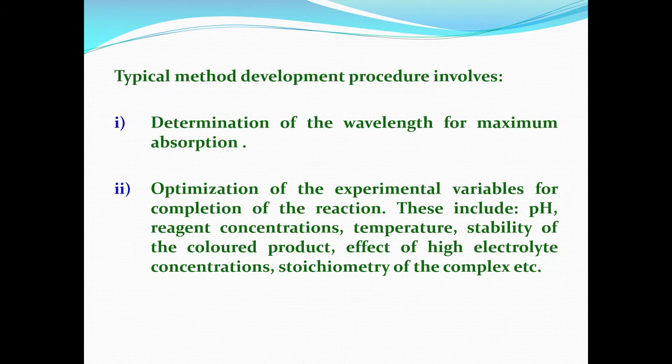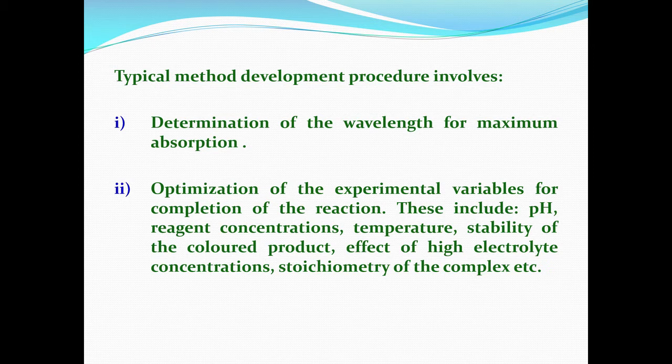Now, typical method development. So, how do I go about developing a method for an unknown substance? Suppose you are a researcher, you want to develop a method for a matrix for which it has not been done.